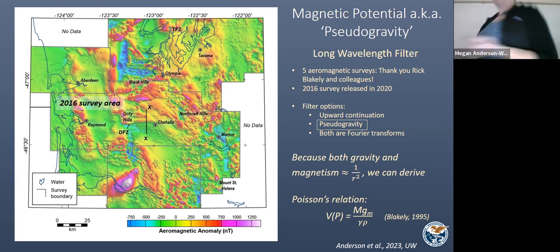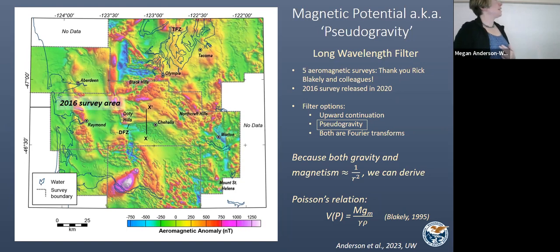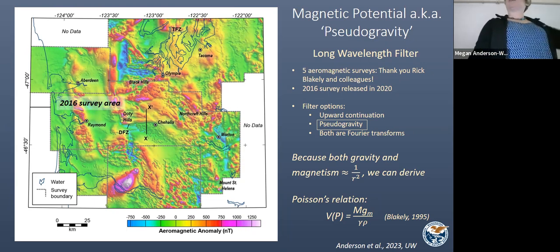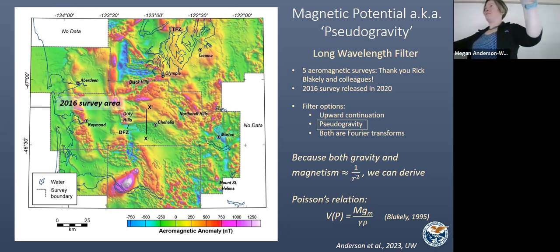That's a weird relationship, but you can combine it in Fourier space with the gravity to derive a relationship that turns the magnetic data into a gravity anomaly. It's crazy, but it works.